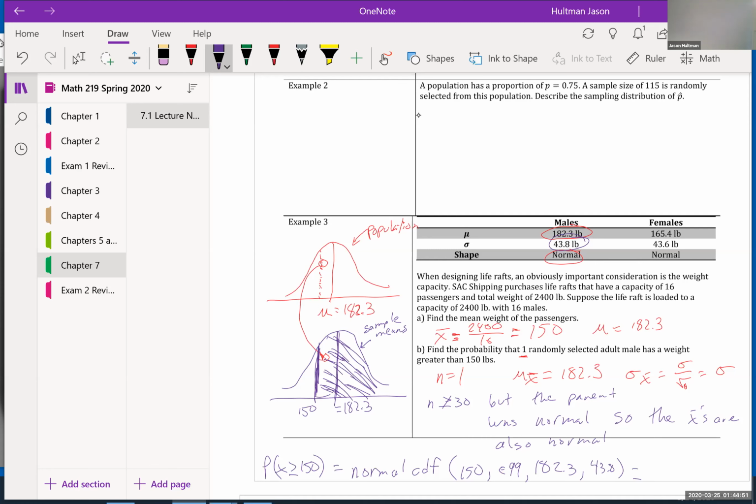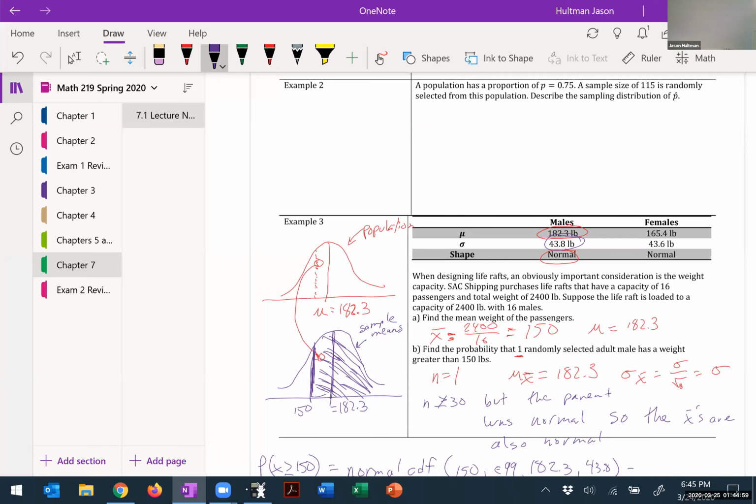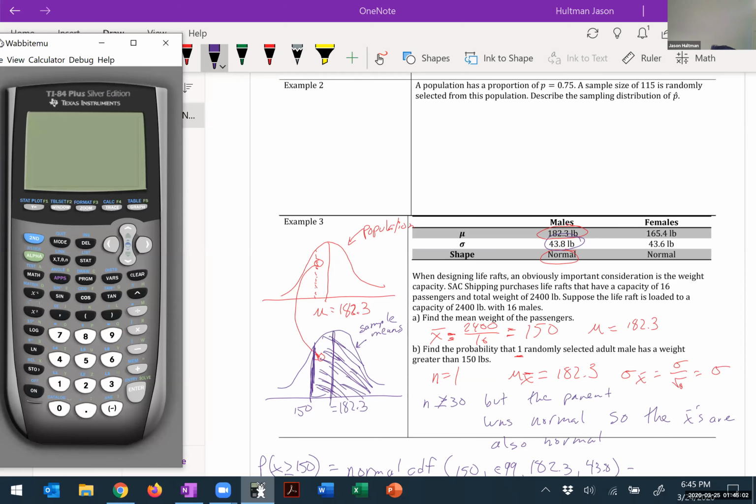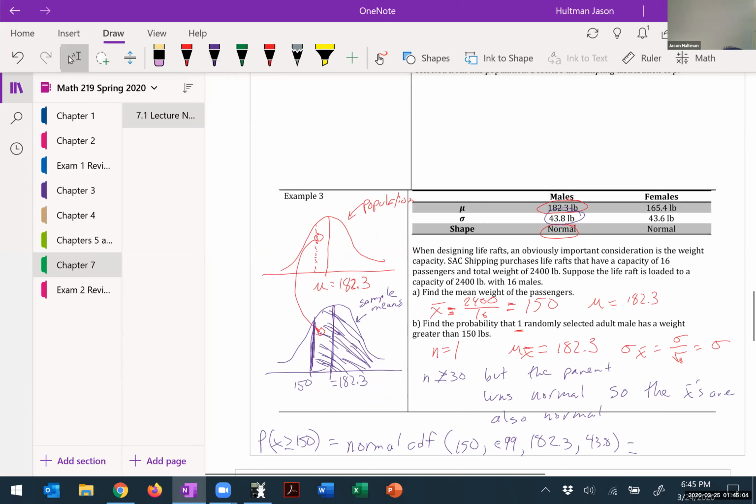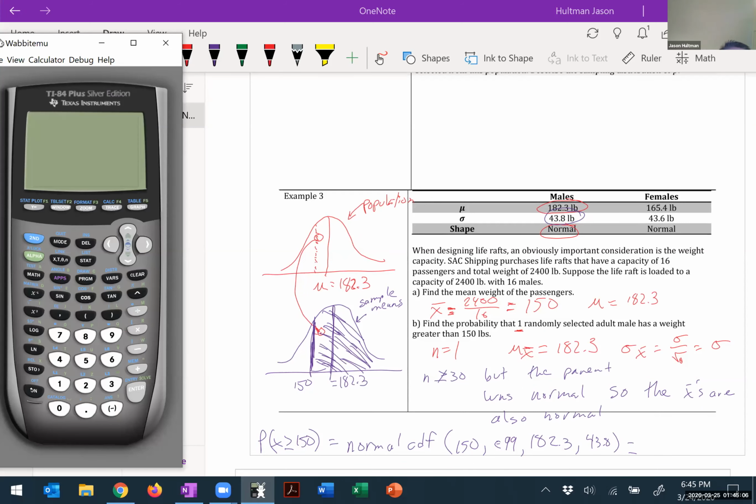Let's go to the calculator. Let me turn this on. And so I'm going to do normal CDF, second VARS, normal CDF, arrow down.